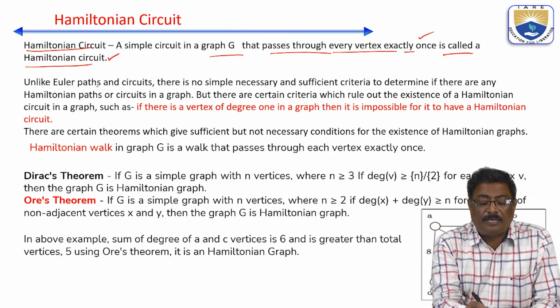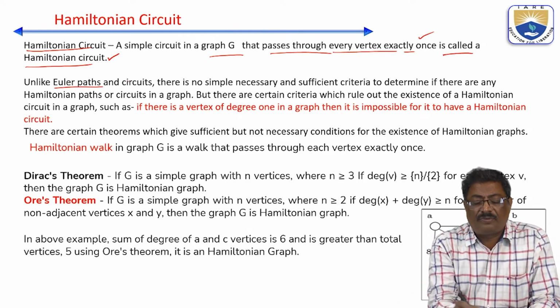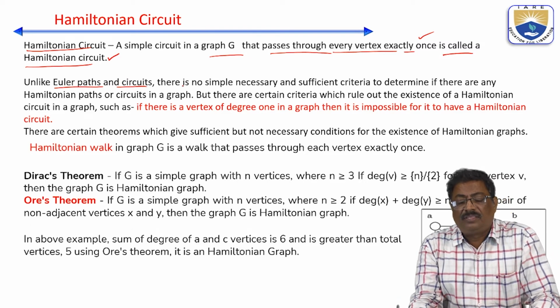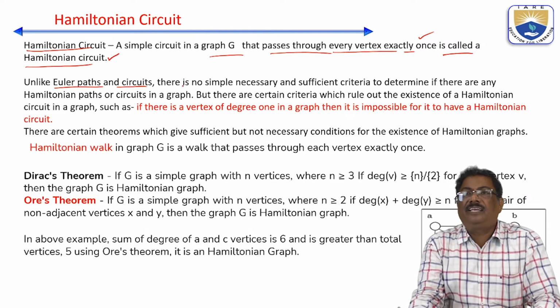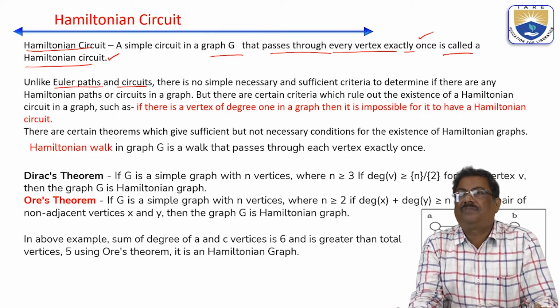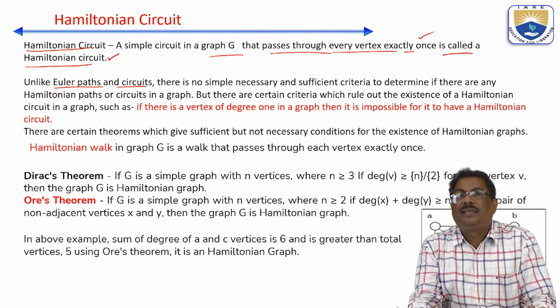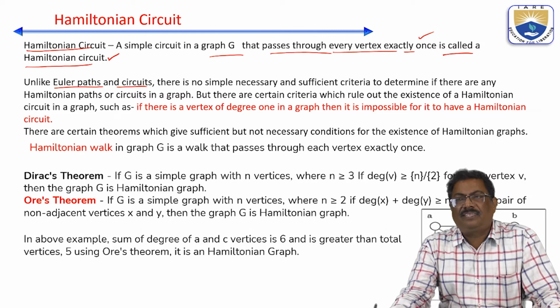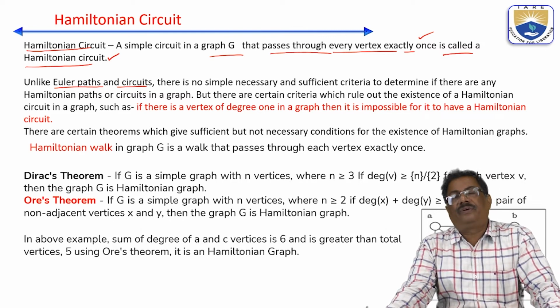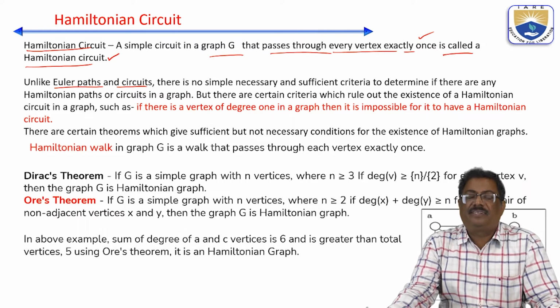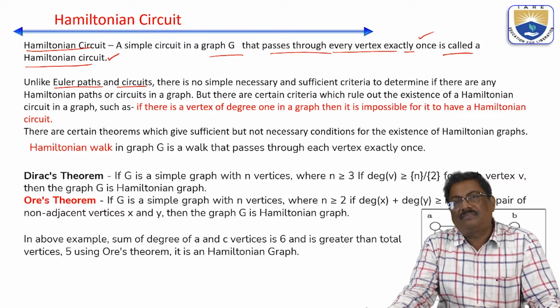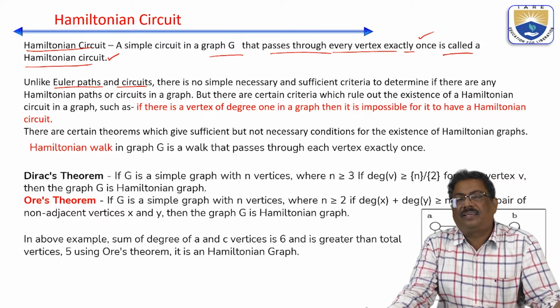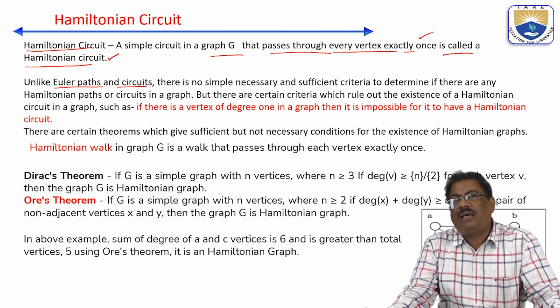Unlike an Euler graph or Euler circuit, where there is a simple necessary and sufficient condition: if the degree of each and every vertex is even, then we can say that the graph is an Euler graph and it has an Euler circuit.